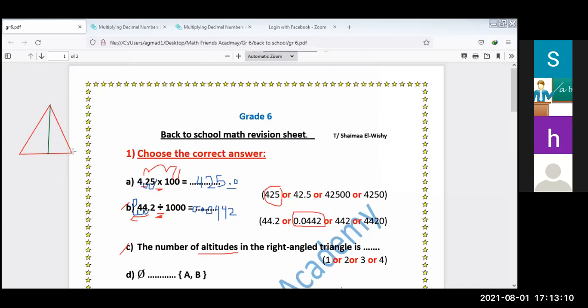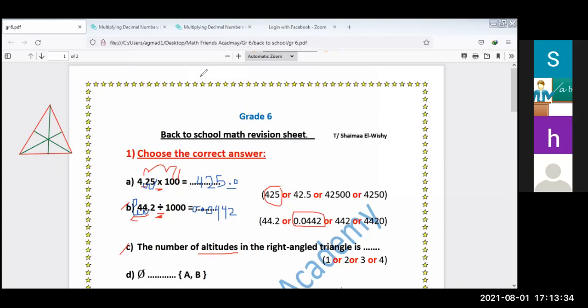This is one, and here also we have another vertex and another base. And this is two, and we have here also three altitudes or three perpendicular lines from the vertex to the bases. So any triangle has three altitudes.